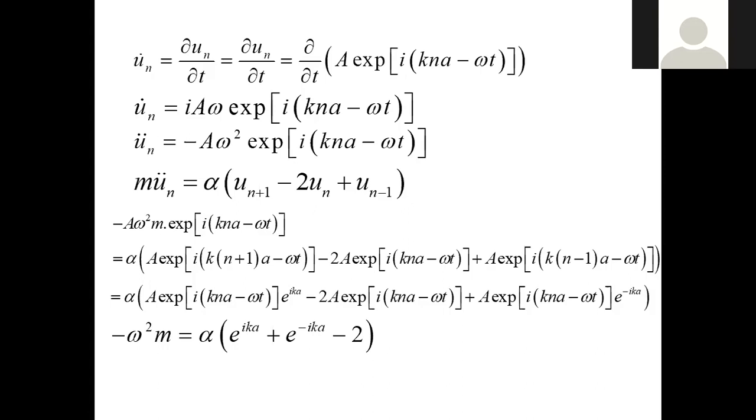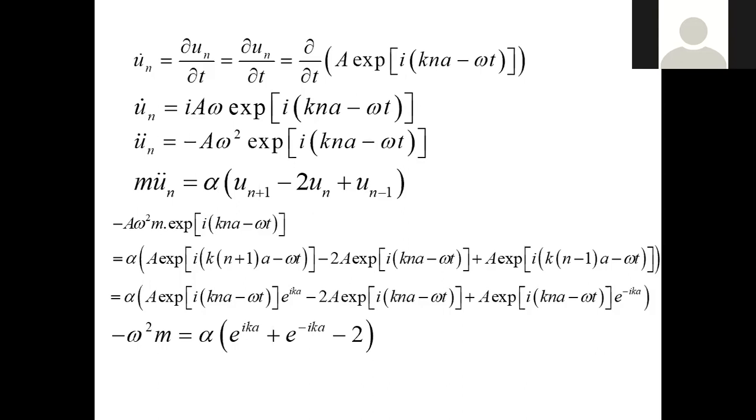Here we see that omega square has come, where omega is the frequency of vibration. So omega, the frequency of vibration, is related to the spring constant or elastic constant between two atoms, alpha, and depends on the wave vector k. a is the interatomic distance and m is the mass of the atom. So these are constants.